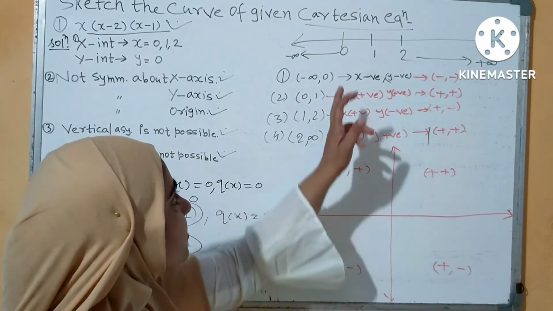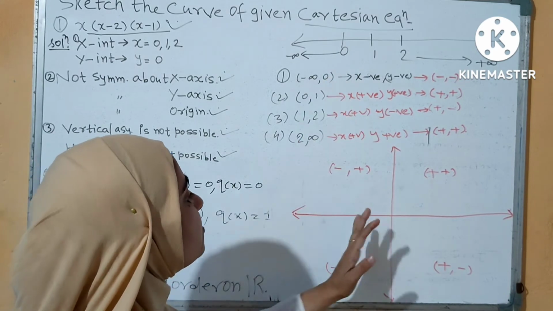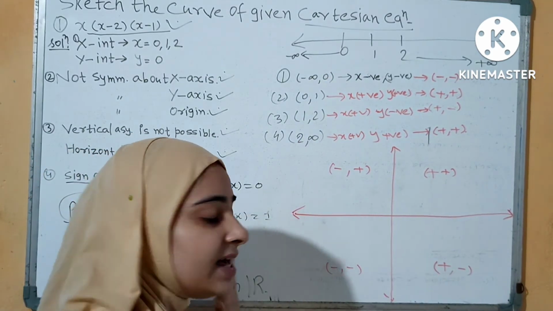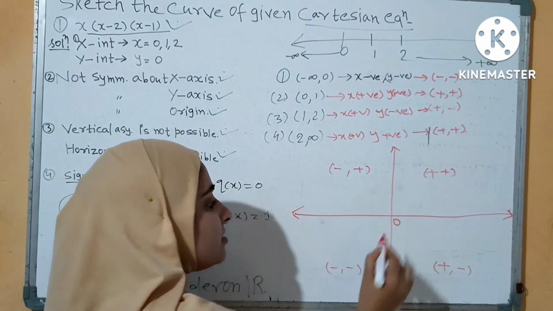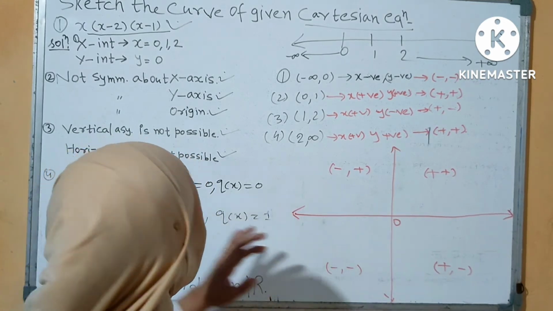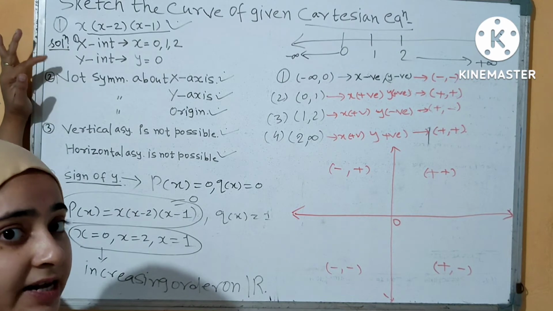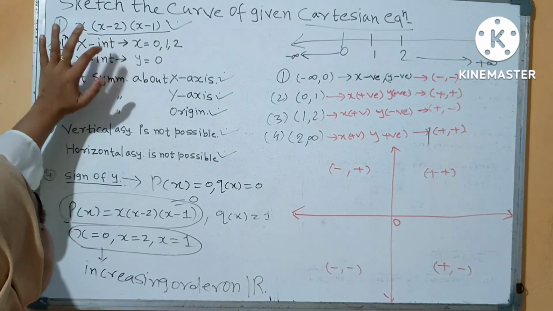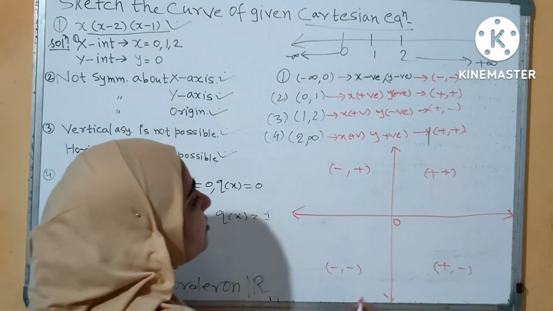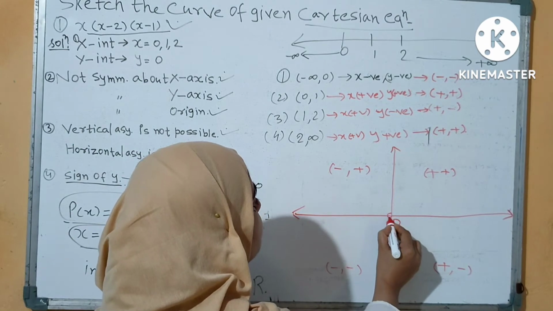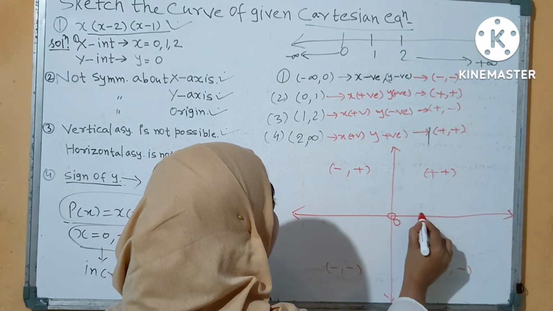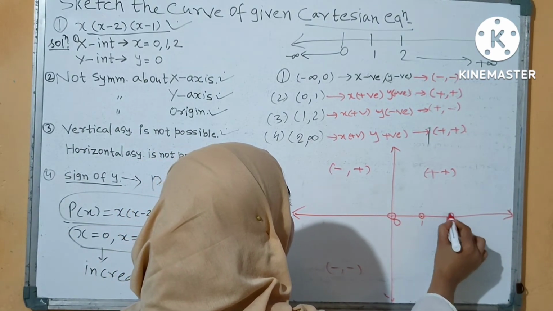Okay. So in the first interval, minus infinity to 0, that means this side, left side, where is the 0? This is the 0. First we have to think about the x-intercept, y-intercept, symmetricity and so on. So what are the x-intercepts? The x-intercepts are 0, 1 and 2. That means you have to first point out 0, 1 and 2.